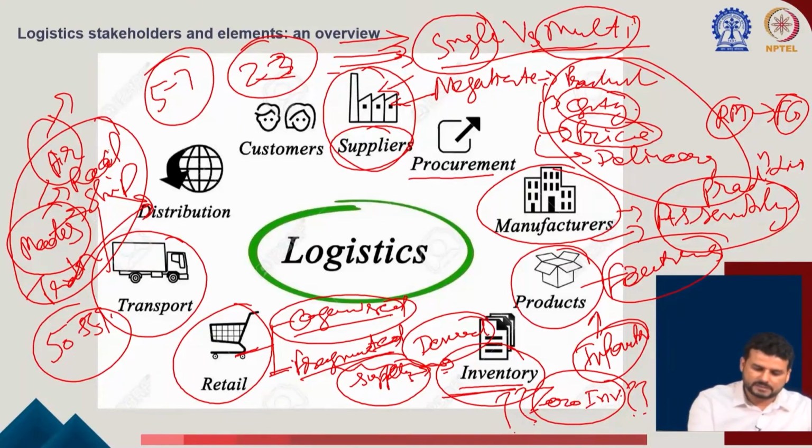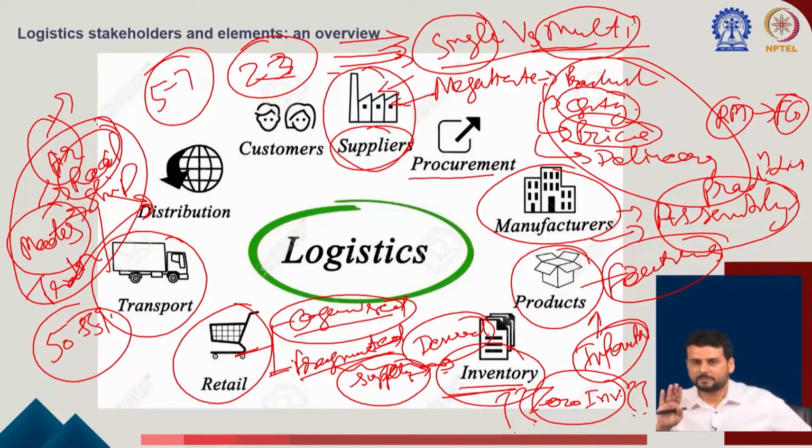And road, because this is taking the maximum share, but it is not efficient. It is not efficient for two reasons. Because of the distance we are covering, obviously the fuel cost and all that is very high. But the other major point is that while we are going through road transportation, there are so many planned and unplanned delays.